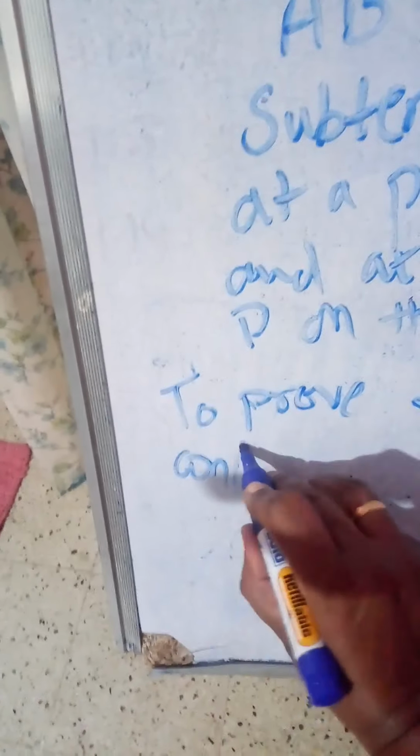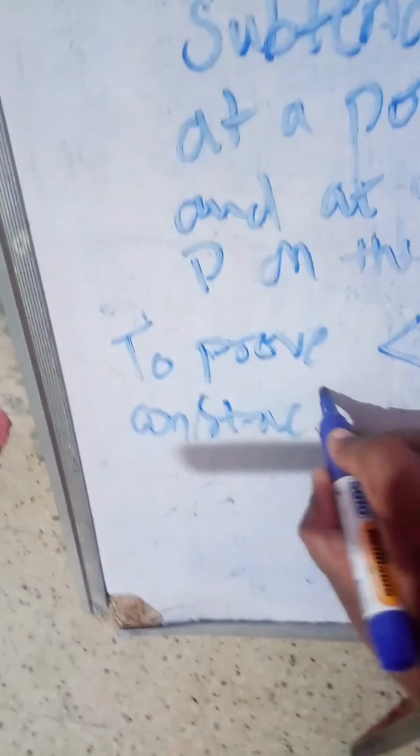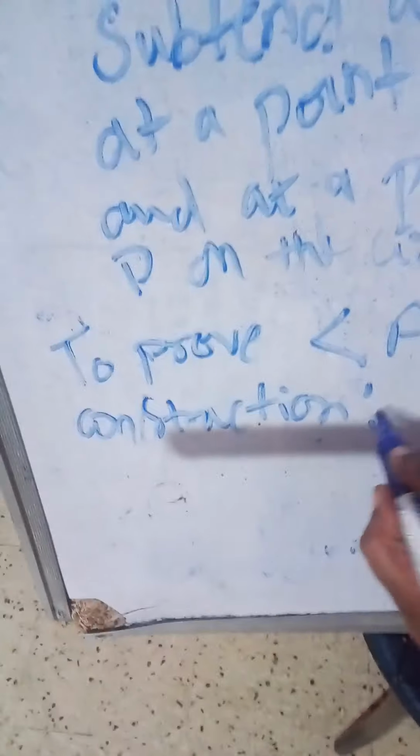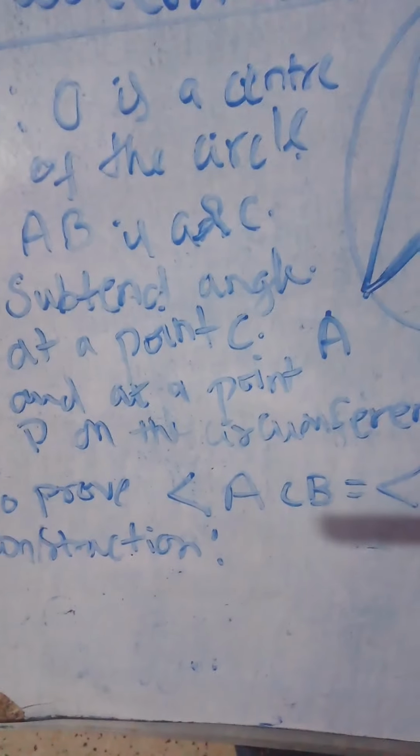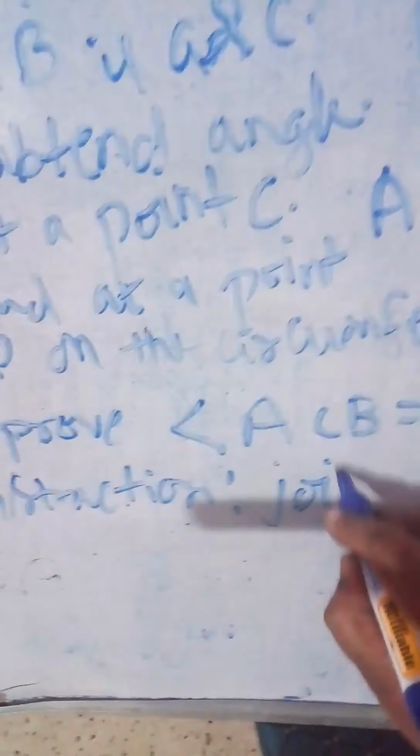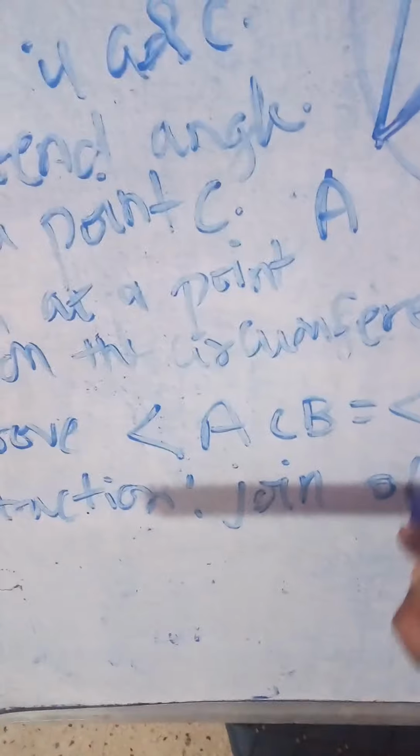Now construction. What are we going to construct? We have to join AO and BO. OA and OB, you know they are the radius of the circle and they are equal.